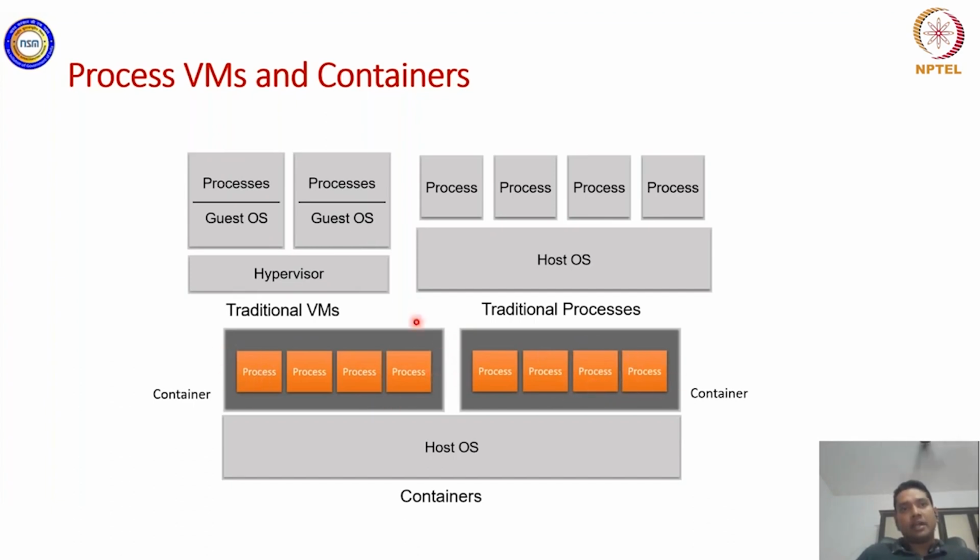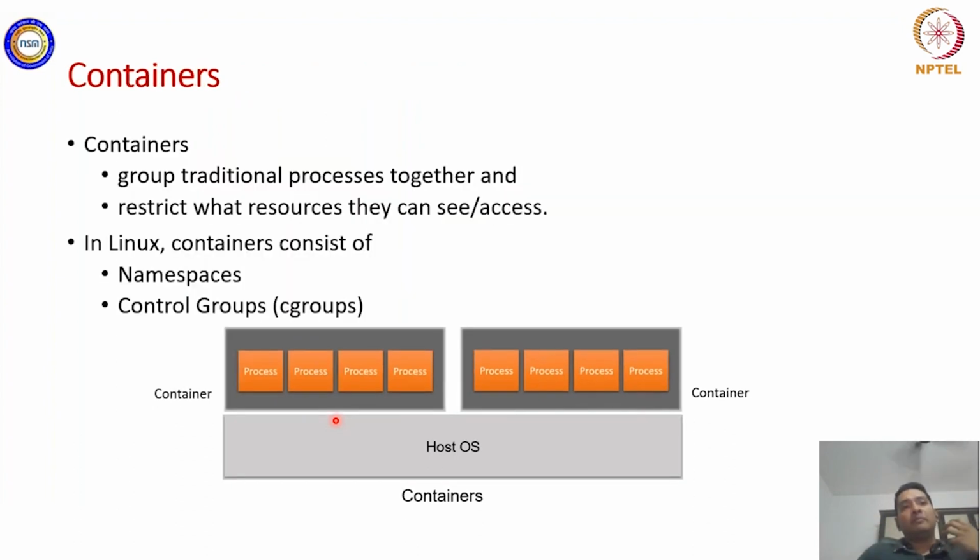And these are called containers. This container concept was coined around 2008, when the Linux operating system started using namespaces, because processes share namespaces. So if you contain the processes in terms of namespaces and control groups, then you can have isolated execution of one set of processes from another set of processes.